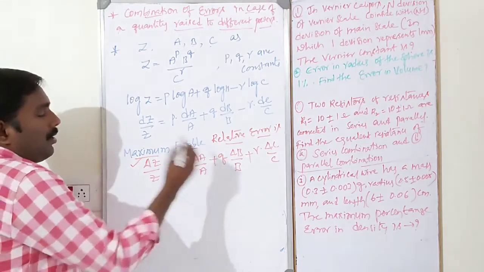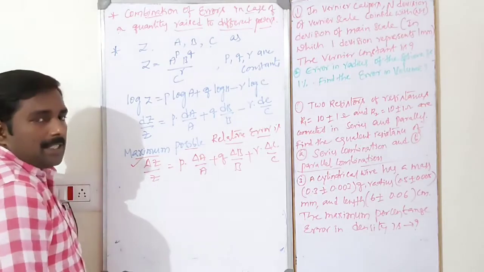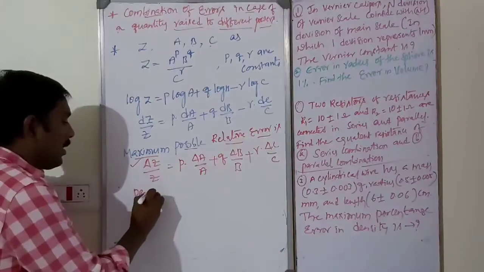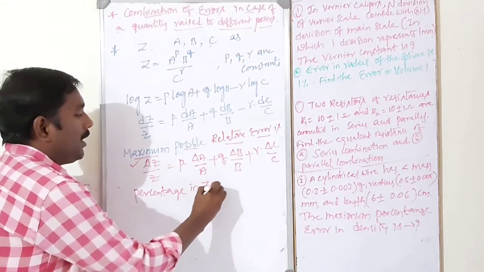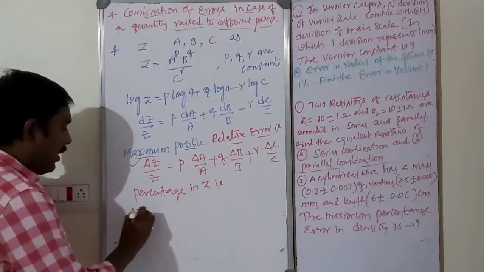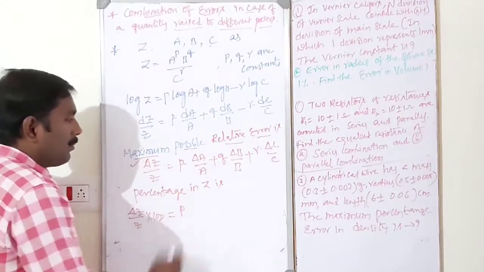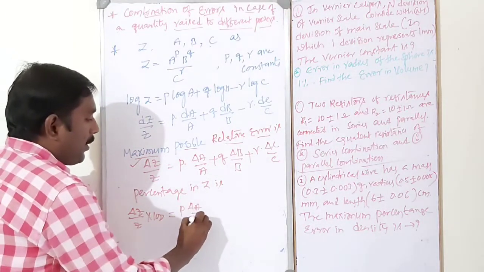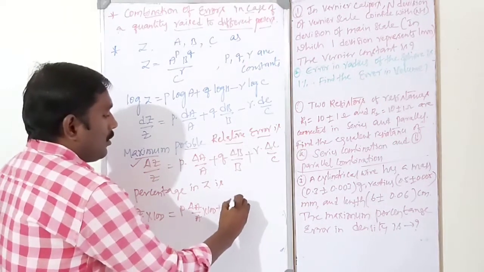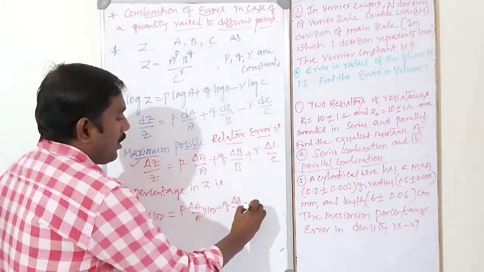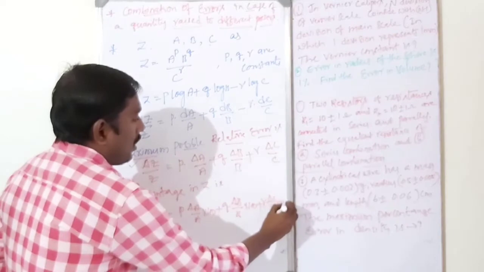Okay. Then we calculate the percentage error. So the percentage error in Z is delta Z by Z into 100 is equal to P into delta A by A into 100 plus Q into delta B by B into 100 plus R into delta C by C into 100.